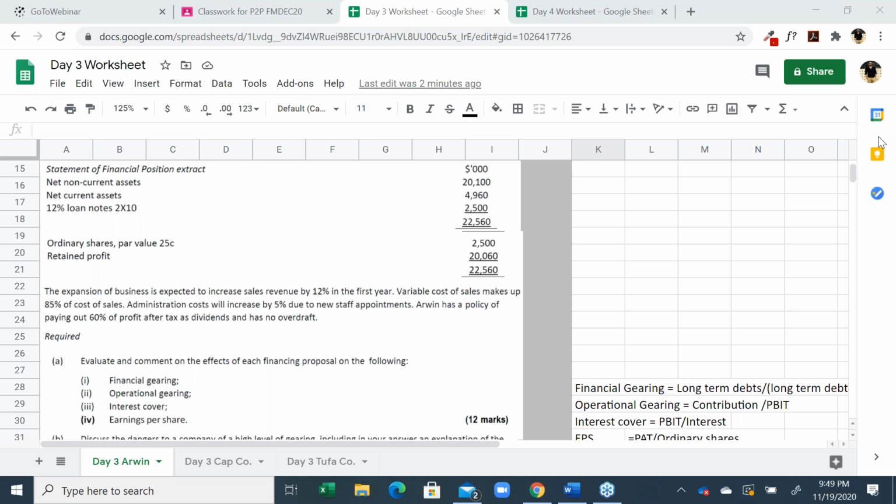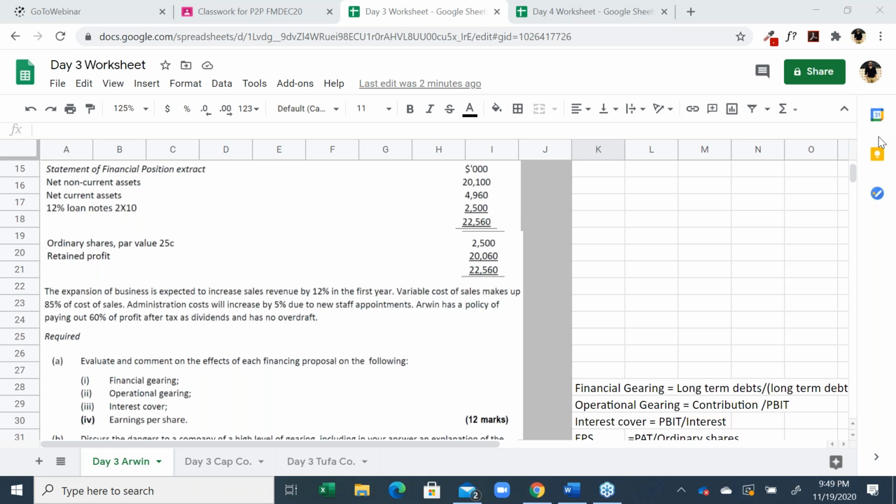So first of all, since we have the current situation given in the question, the income statement and the statement of financial position, let's calculate what the financial statement will look like in 1 year's time using both the options. So the first option is equity and the other is debt.